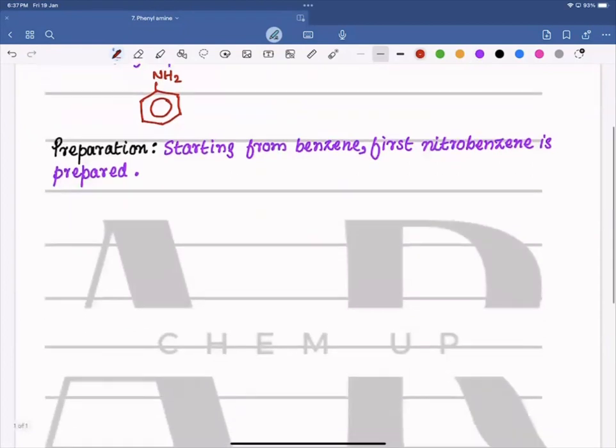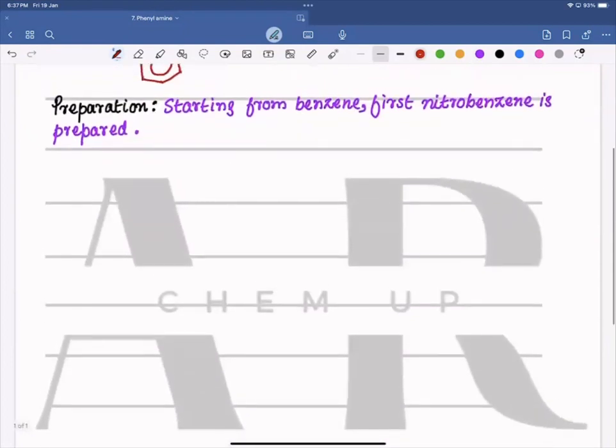We know this reaction, we studied it in benzene. Benzene is allowed to react with concentrated nitric acid.